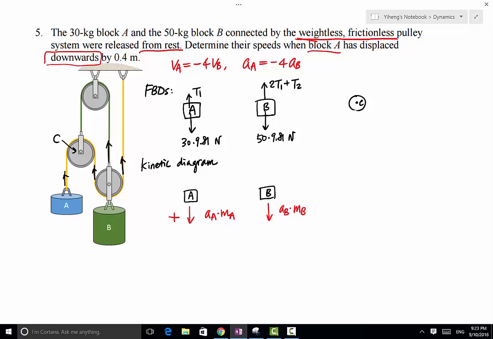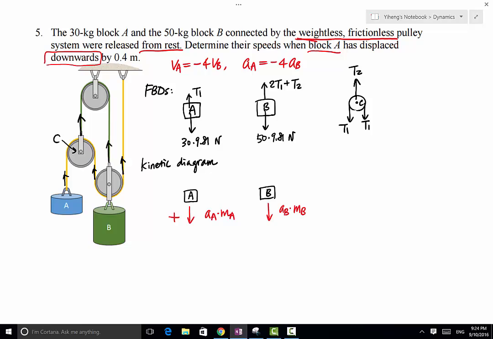The only forces acting on it will be the cable forces: in the green cable, the force is T2, and also T1 here and T2 here, and another T1 here. Now, for this pulley C, there's no kinetic diagram. The reason is that it is actually at equilibrium.